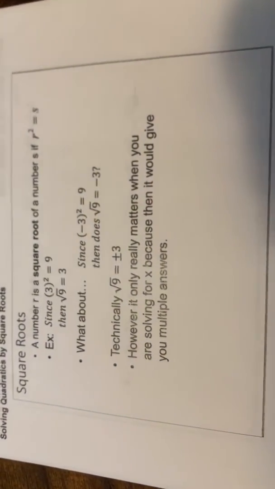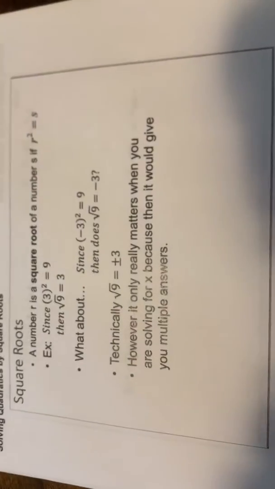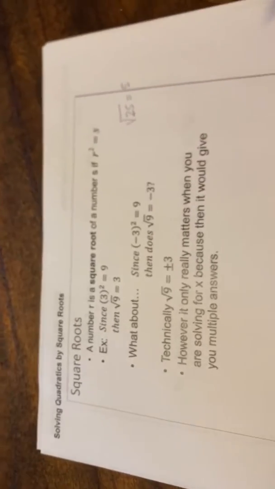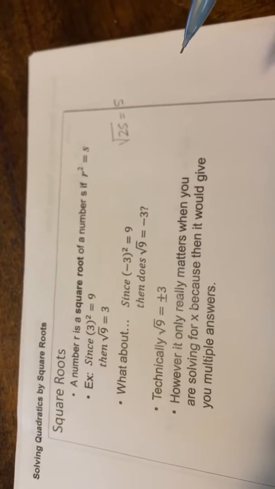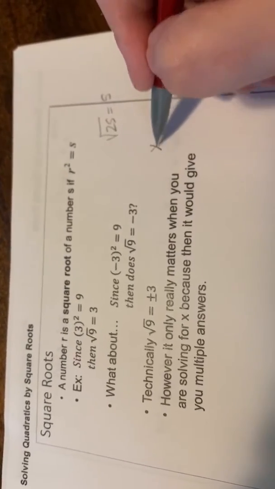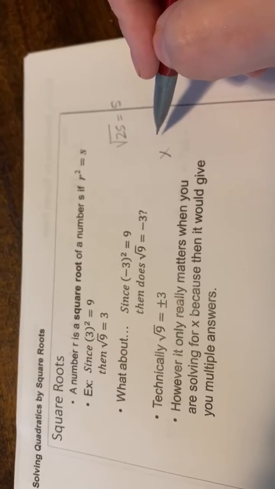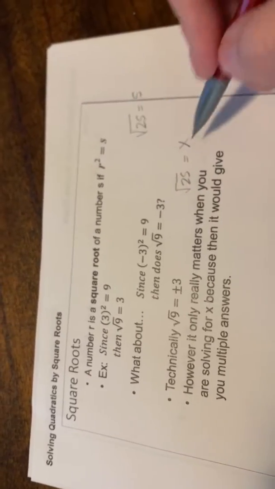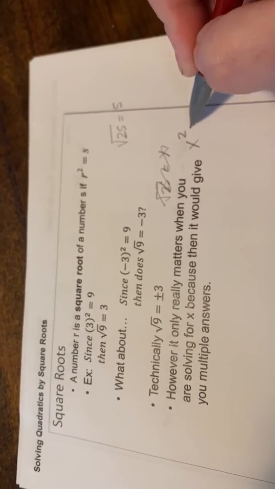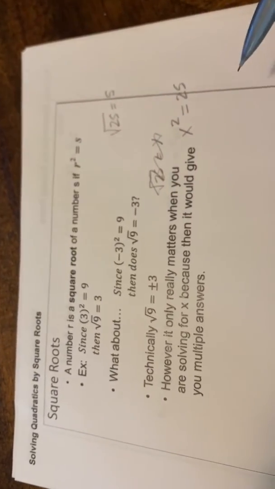So now we're gonna get to the solving part. All right, so in your life, when a teacher has asked you, all right, class, what's the square root of 25, right? Everyone's like, 5, okay? So technically that's not wrong, but when you're solving, technically, if I asked you what x could be, right? What could x be when you square it to give 25, right? When I'm asking you the square root of 25, that's what I'm asking myself.